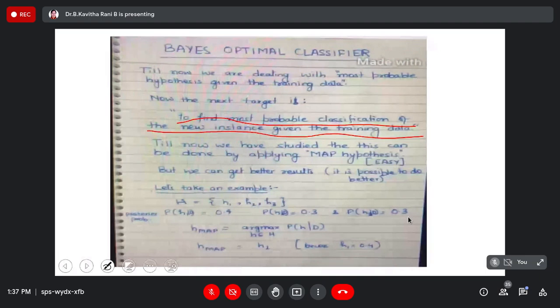So if a new instance is given and the old training examples are there, then we have to find which hypothesis is classifying the new instance. That we have to find.